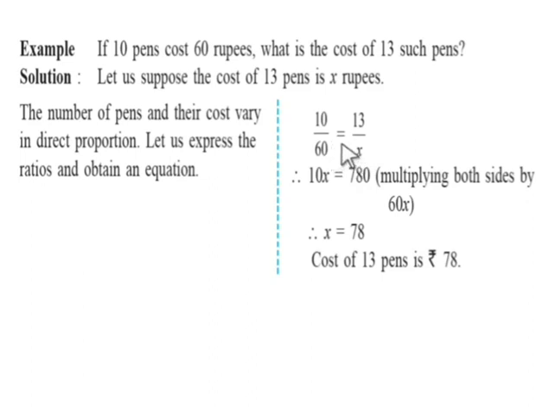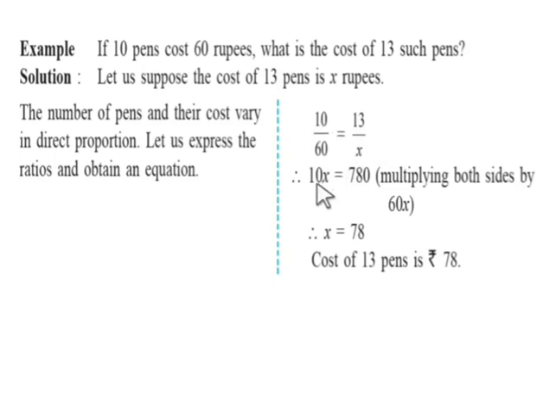Hence we can write both the ratios with an equal sign. Now cross multiply them. Here X from the denominator will come in the numerator of the left hand side, and 60 from the denominator of the left hand side will come in the numerator of the right hand side.